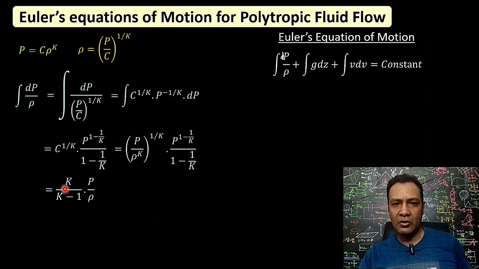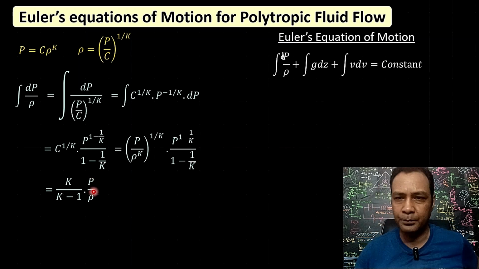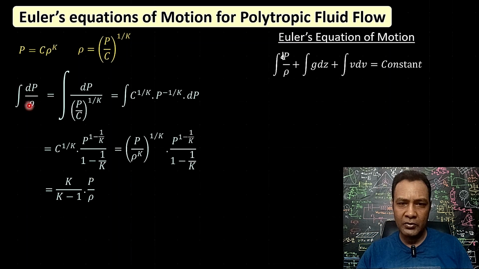So this integration is going to come out to be K upon K minus 1 into P by rho. Now just put the value of this integration here.